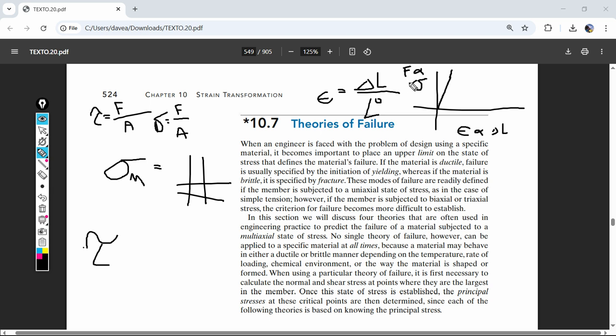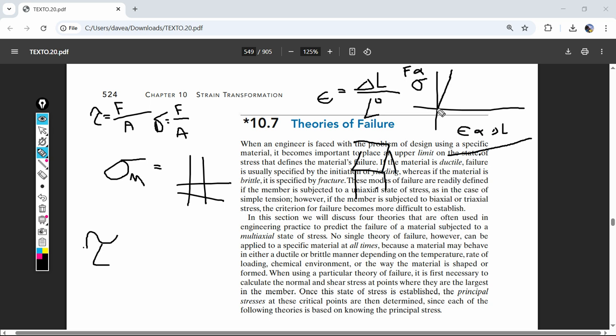We use stress as force divided by area, and strain as change in length divided by original length, because now it doesn't matter how long our specimen is or what type of cross-sectional area our specimen is. If this is made out of steel and this is made out of steel, it's going to follow the same exact line on this graph.